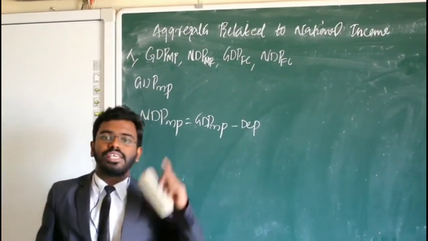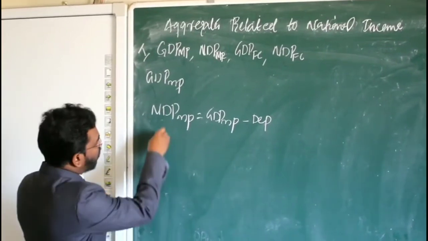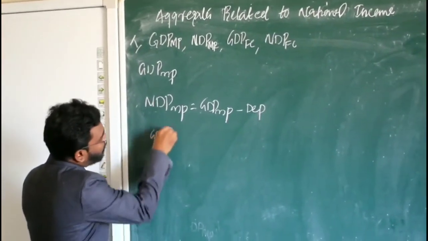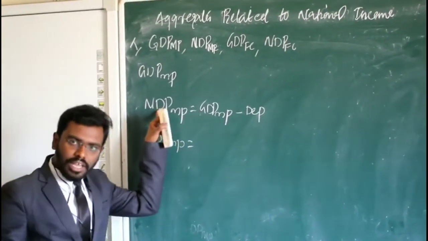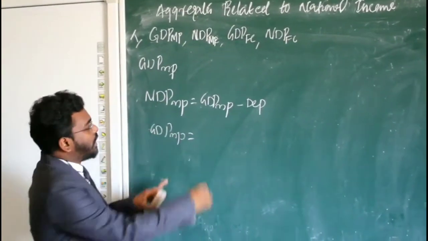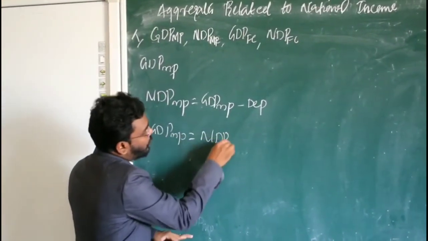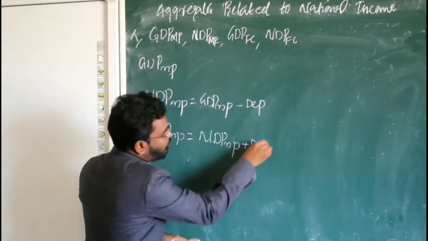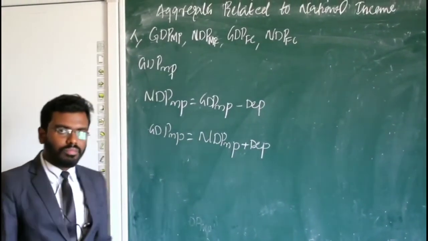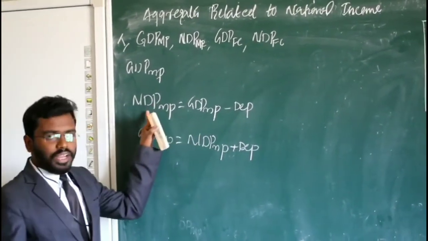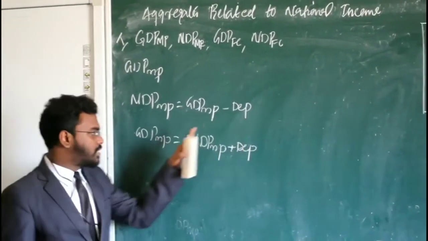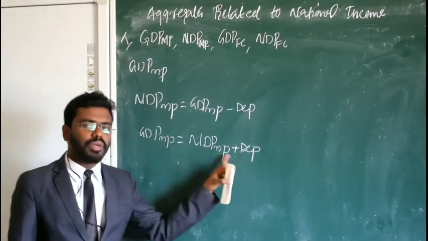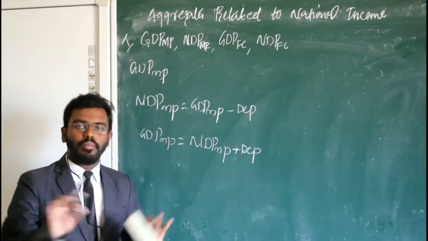Next, how can we calculate GDP MP from this NDP MP? NDP MP plus depreciation. Got it? NDP MP is GDP MP minus depreciation, then GDP MP is NDP MP plus depreciation, plus and minus.